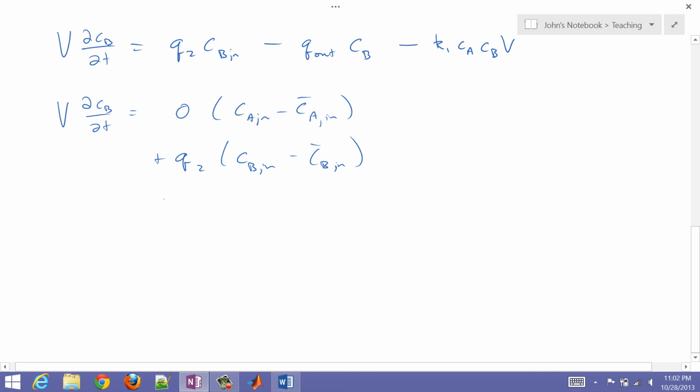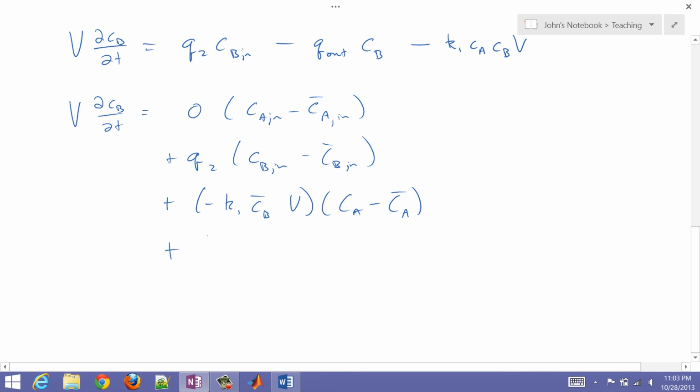So this one should be plus negative K1 times CB bar times V times CA minus CA bar. And then for B, that's going to be negative Q out minus K1 CA bar V times CB minus CB bar.